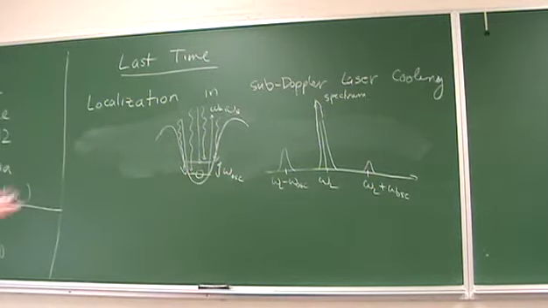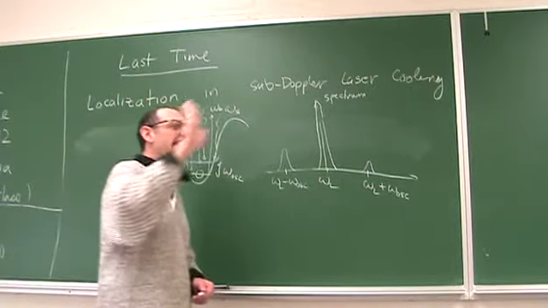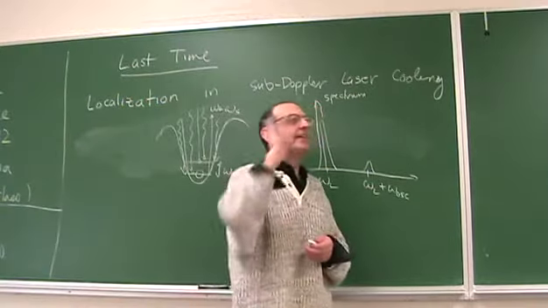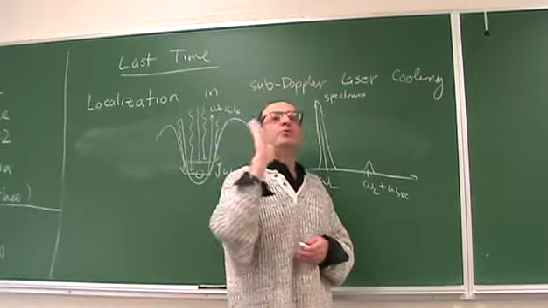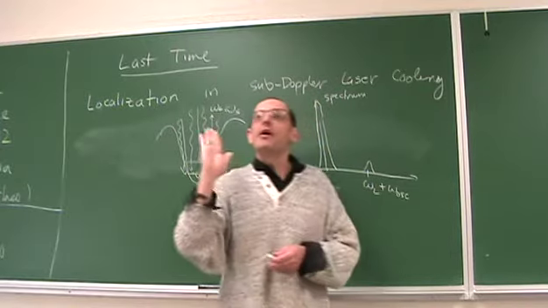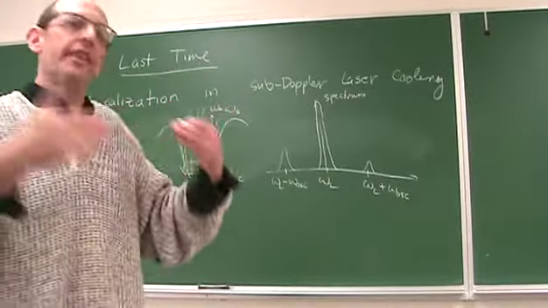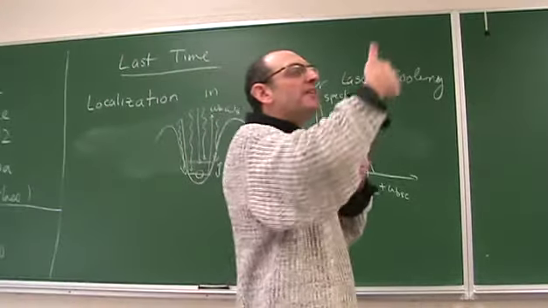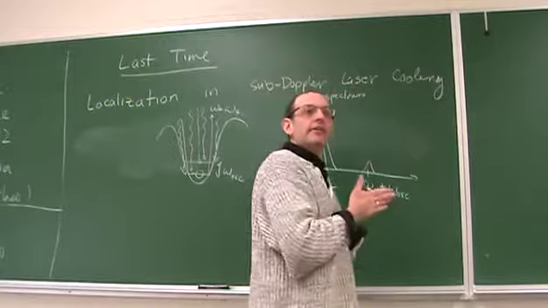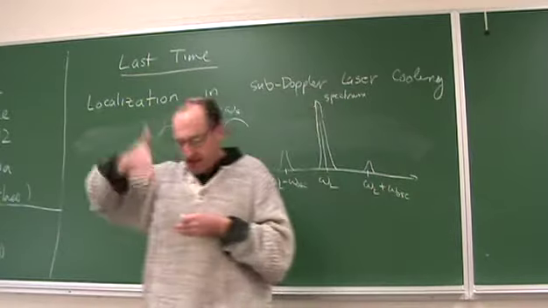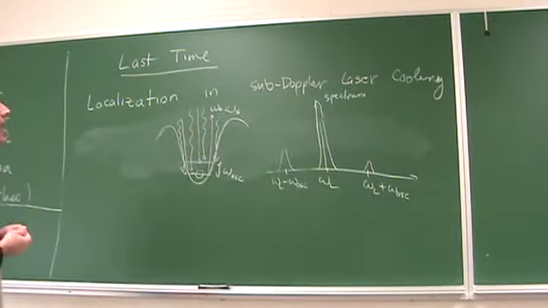And we discussed that from a kind of classical picture, thinking about the atom as a kind of antenna that is moving. And so there is a phase modulation, and that phase modulation then gives what are called sidebands on top of the main oscillation.